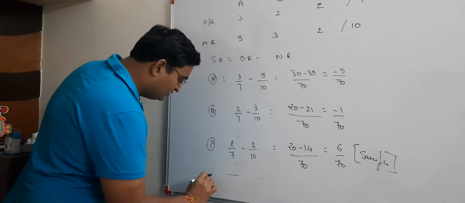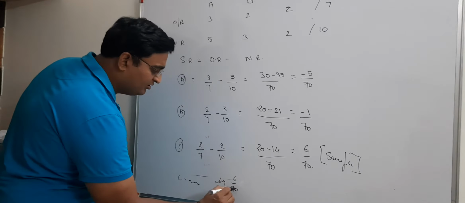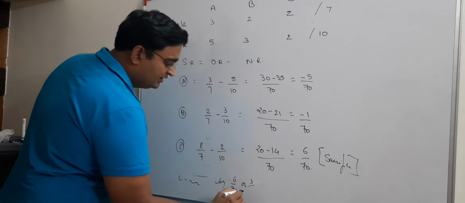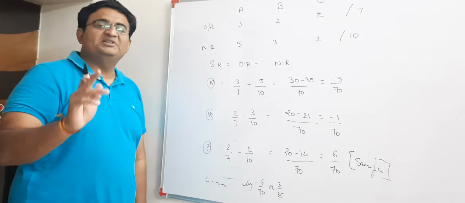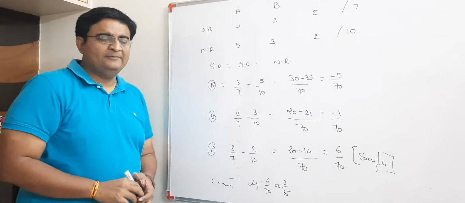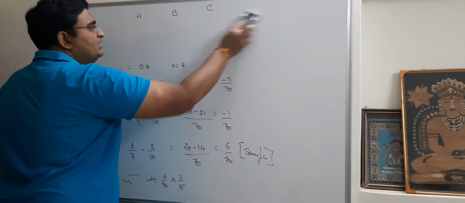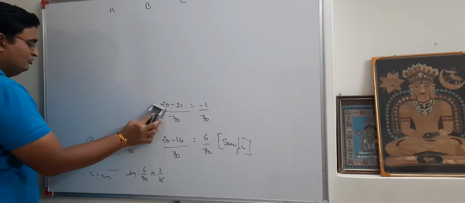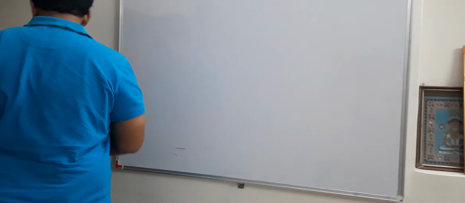Now you can write further: C is sacrificing by 6 by 70, or you can write 3 by 35. Is it clear, students? Please do keep this in mind. Moving on to the new heading, I expect sacrifice ratio will be very much clear to you. Yes or no?